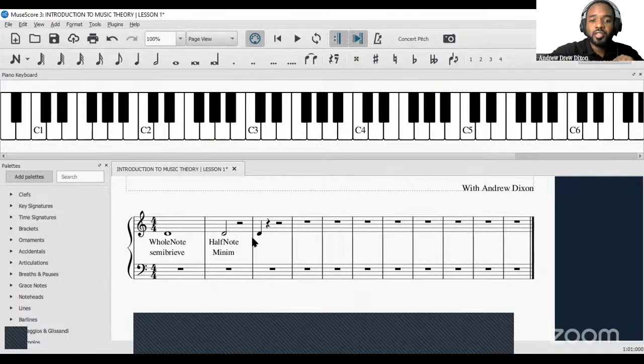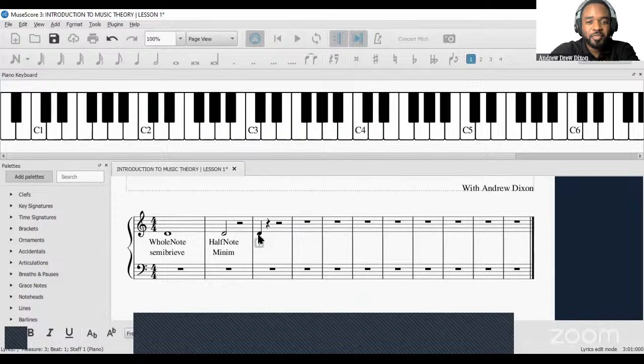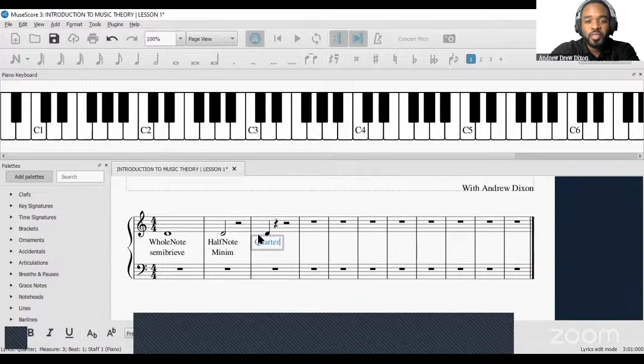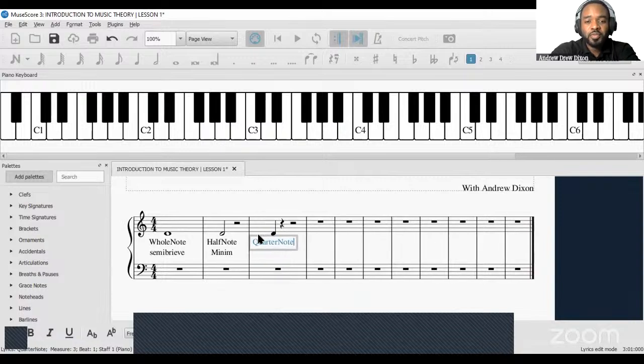This is called, who can tell me, what's a half of a half? If I have a half and I divide it by 2, I'm left with what? Quarter. So this is called a quarter note. And another name for this is crotchet.